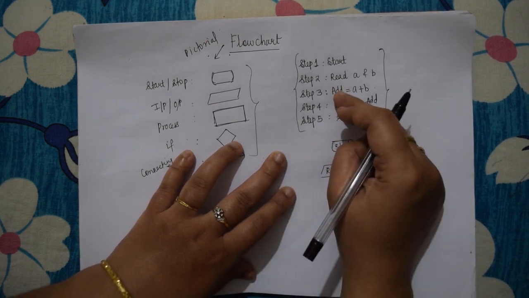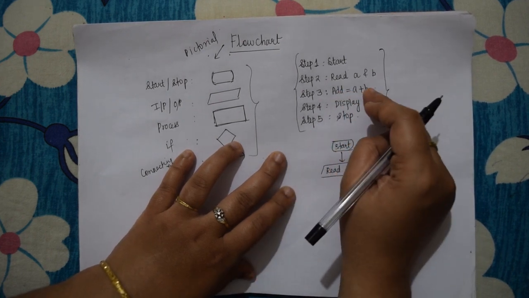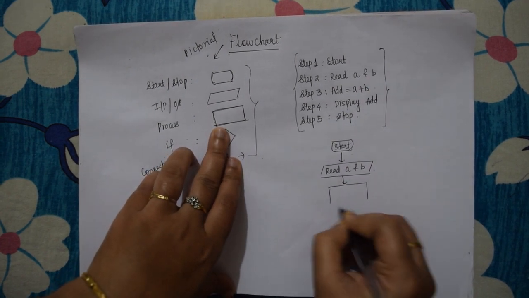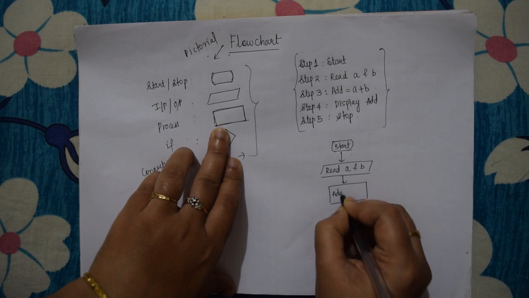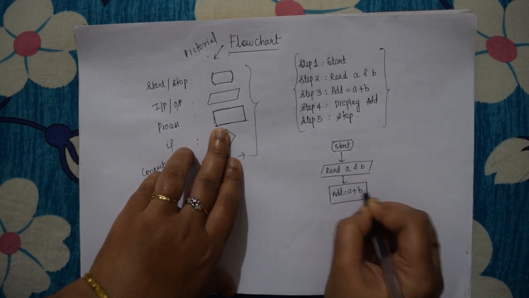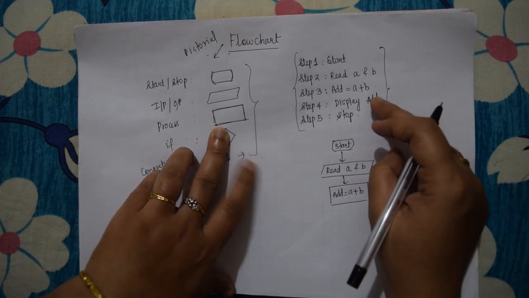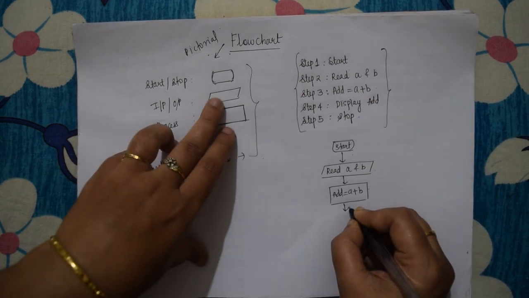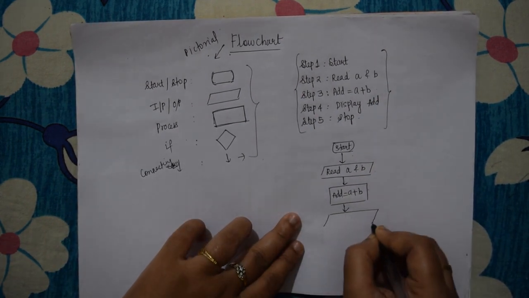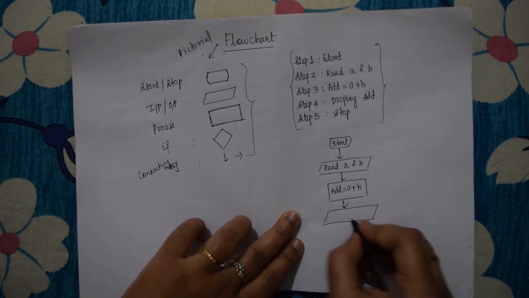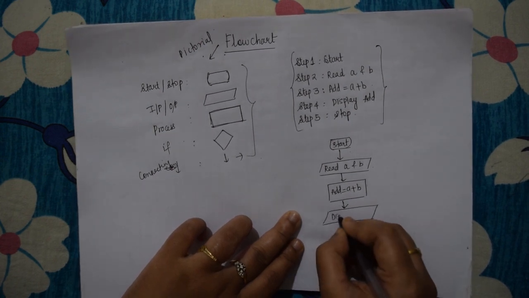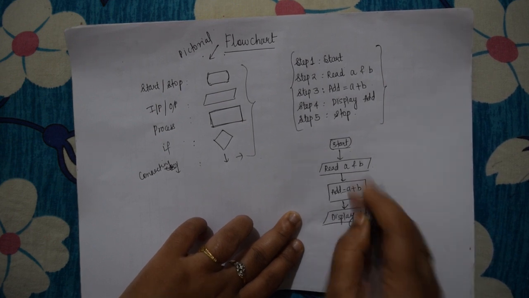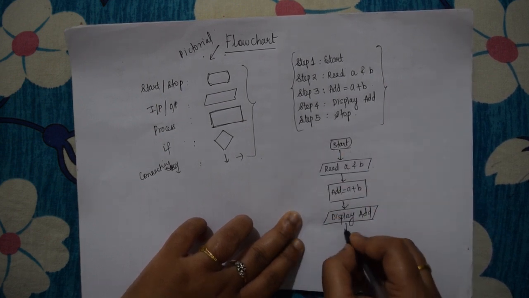After that we have to perform an operation, which is process. So I will take this rectangle. Here, add is equal to A plus B. After that I have to display the addition, which is output. So I will take this, display add, and at the end we have to stop.